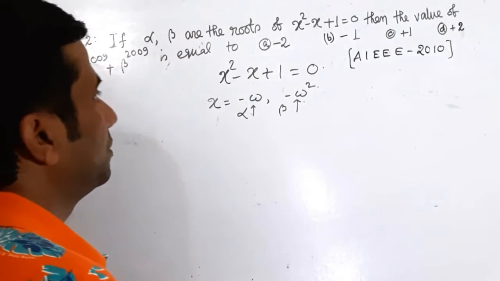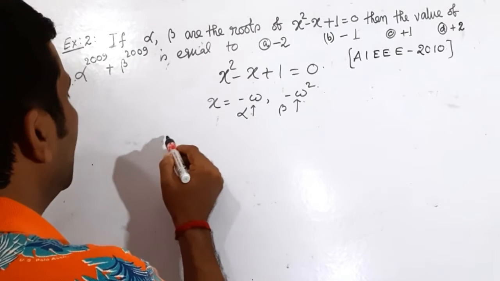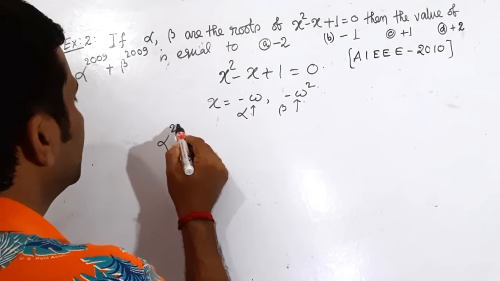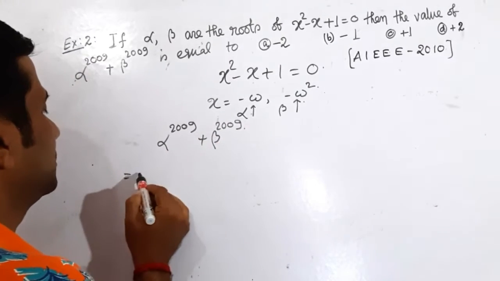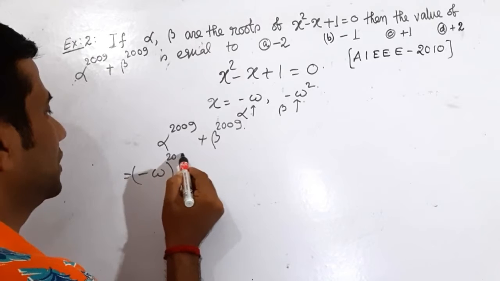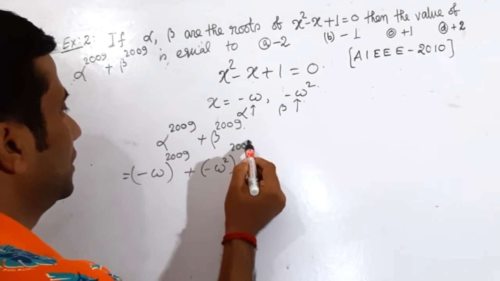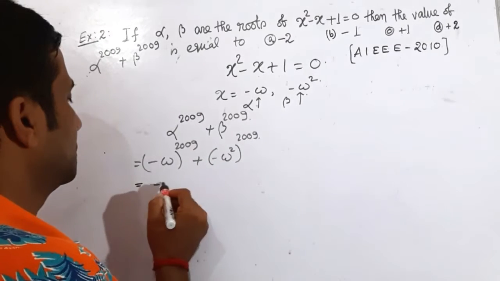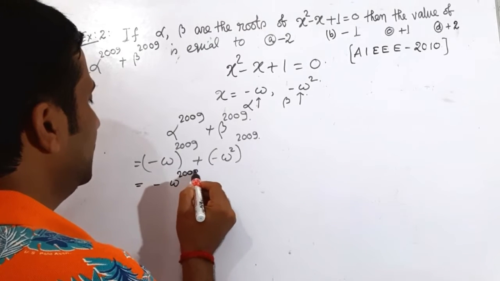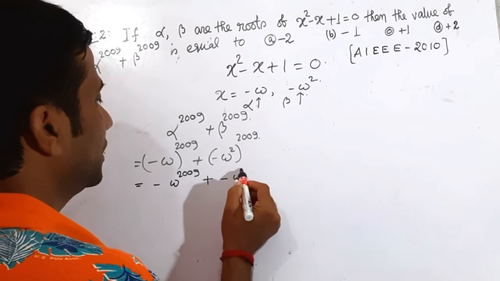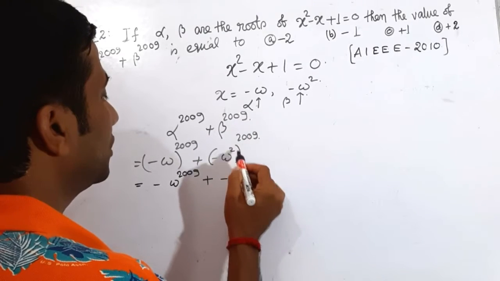Now again alpha to the power 2009 plus beta to the power 2009, that means minus omega whole to the power 2009 plus minus omega square whole to the power 2009. That means minus omega to the power 2009 plus minus omega square whole to the power 2009, which means 4018.